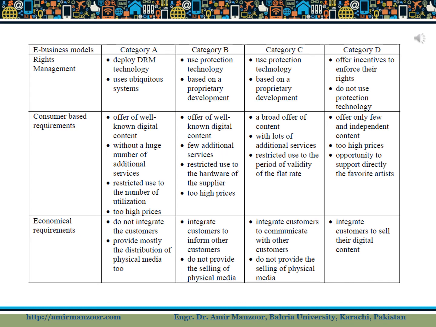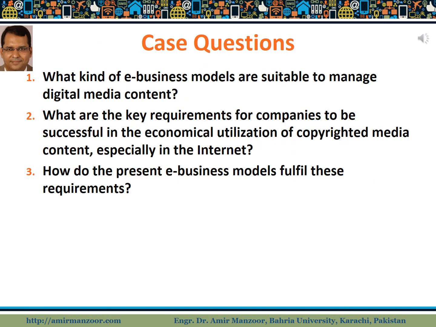The category D business models, in order to enforce the rights management, offer incentives to enforce the rights and they do not use the protection technology. Similarly, we should analyze how different business models differ along the dimensions that have been mentioned here, that is the rights management, the consumer-based requirements, and the economical requirements.